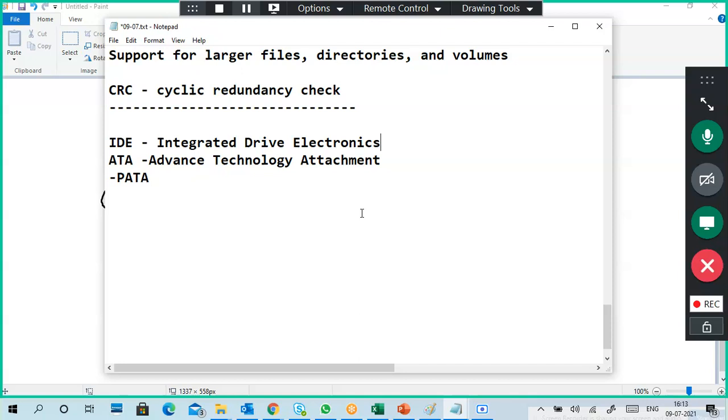Later the same IDE technology developed further into Advanced Technology Attachment. There they use PATA. PATA means Parallel Advanced Technology Attachment. So this is also a bus connection.